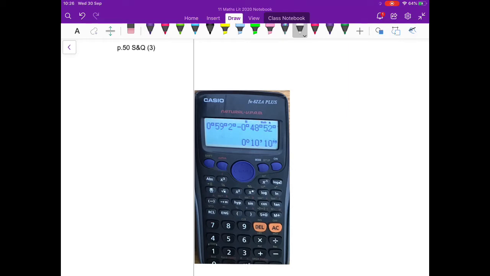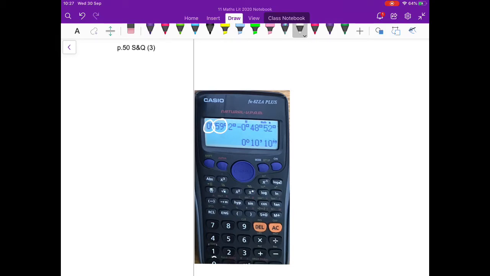What we will do, we would go and type in 59 and press the time button. Then you would go 0, and then 59, so 0 hours, then 59 minutes, and then you would type in your 2, but you do it all in one calculation.